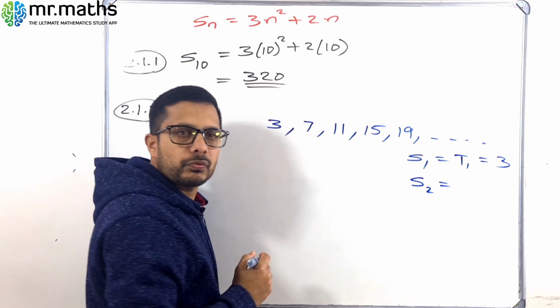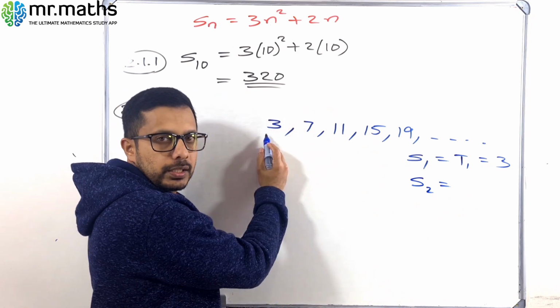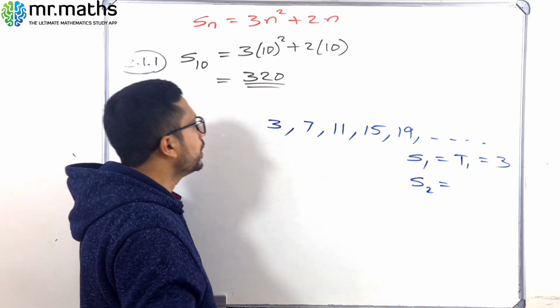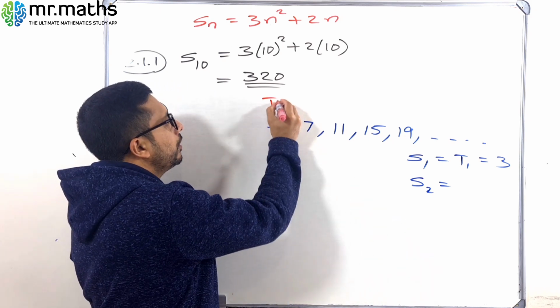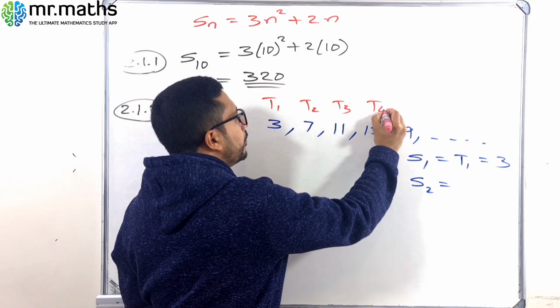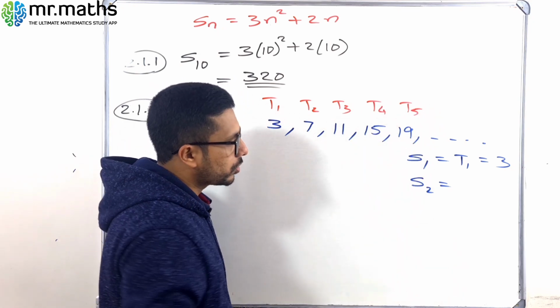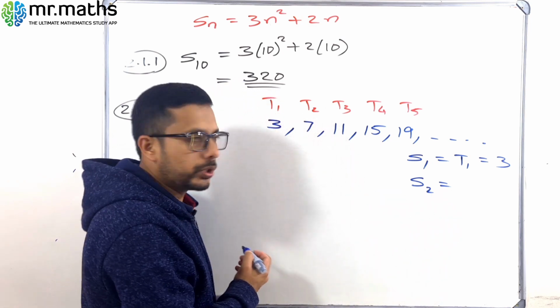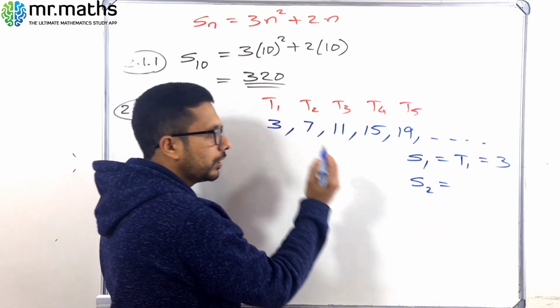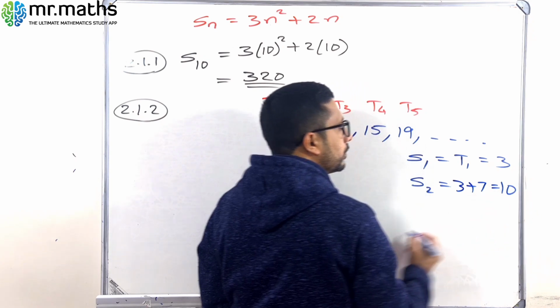S2 stands for the sum of the first two terms. This is T1, first term, second term, third term, fourth term, fifth term, like that. So S2 is 3 plus 7, that is 10.